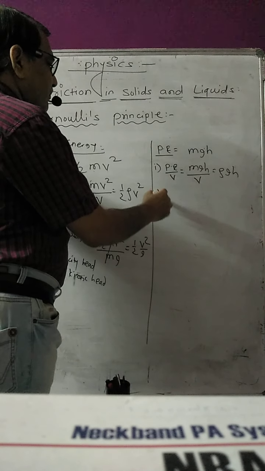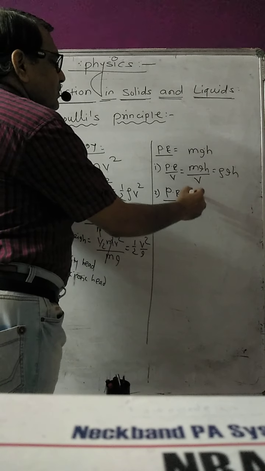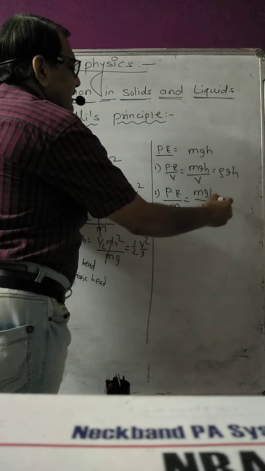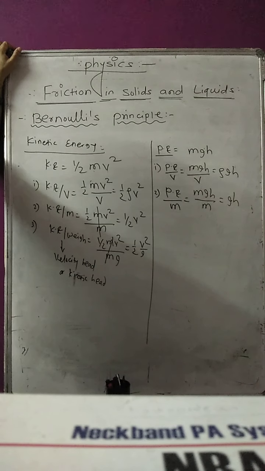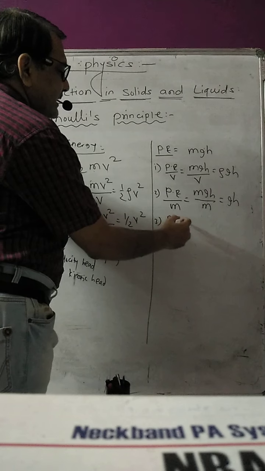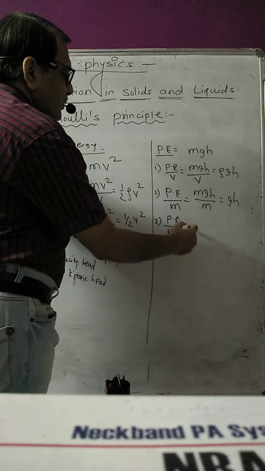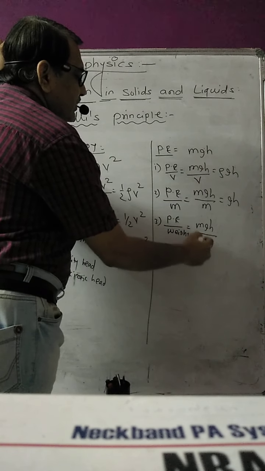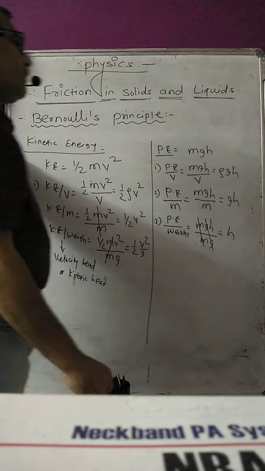Second, the potential energy per unit mass is m g h upon m, which is equal to g h. And third, the potential energy per unit weight is m g h upon m g. The m gets cancelled, g gets cancelled, and it is only h.